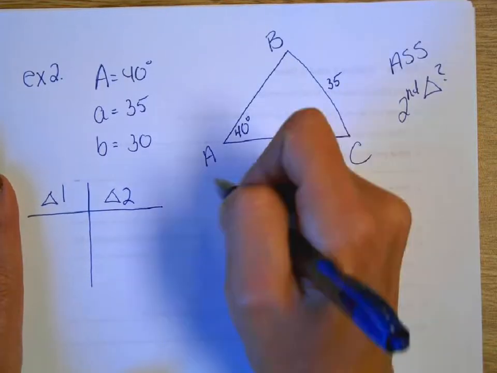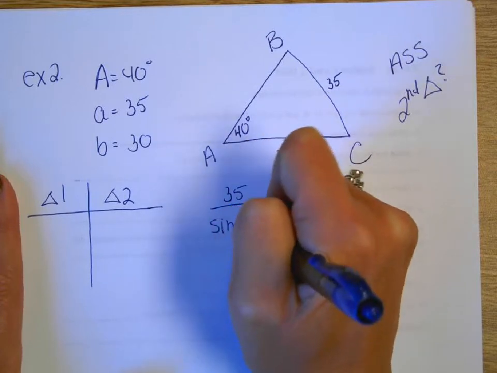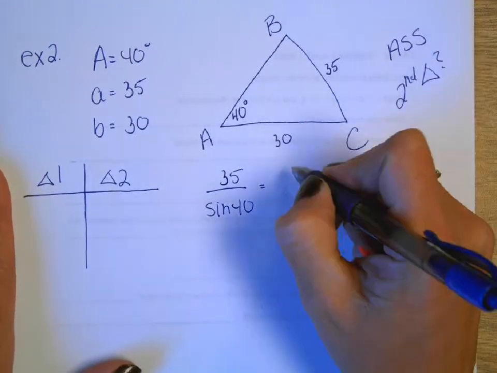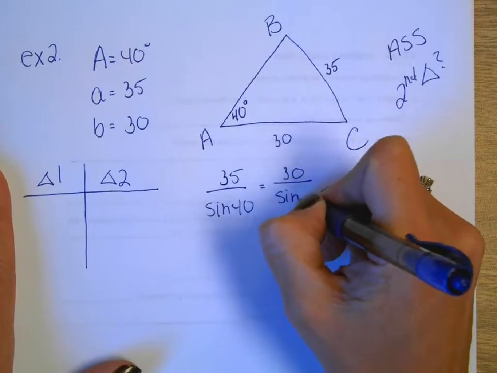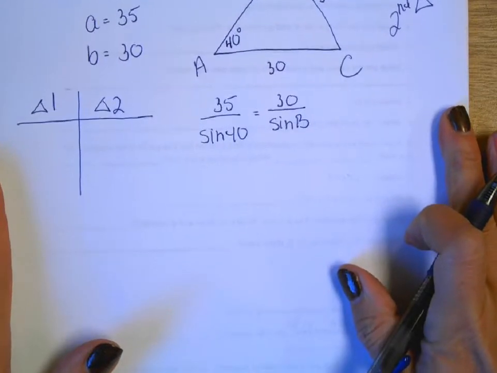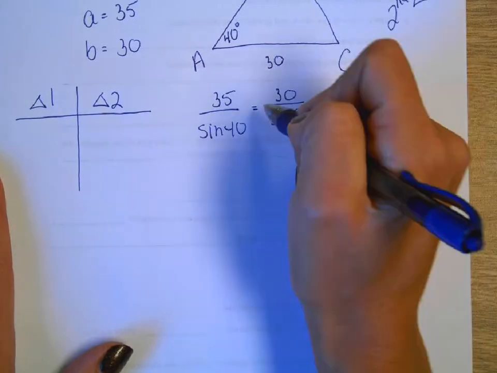So 35 over sine 40 equals 30 over sine B. Do the cross products. I'm going to write it out for notes purposes only today.